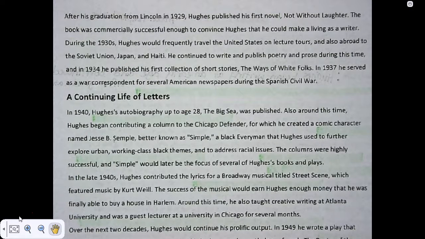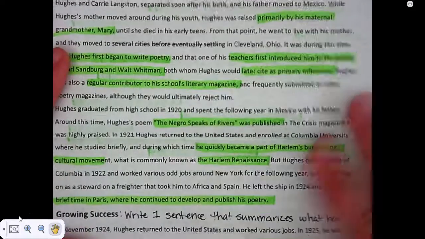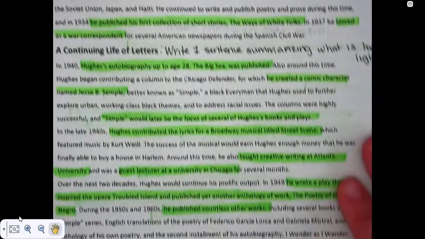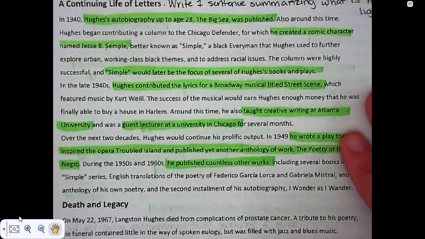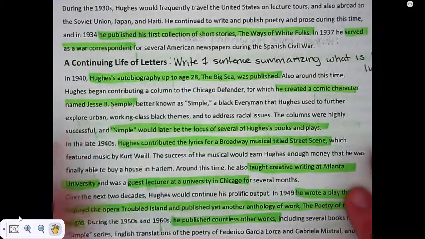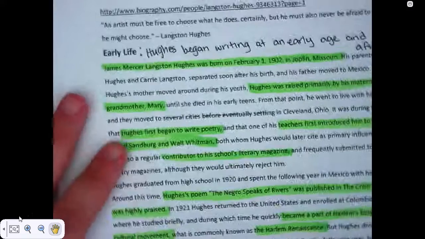So I have one here that I did earlier in the day, so you can see how much highlighting has gone into it. Notice that I'm not highlighting every single sentence. Most of the time, I'm not even highlighting entire sentences. I'm just highlighting the important information that jumps out at me and then summarizing next to each section what that particular section is about.